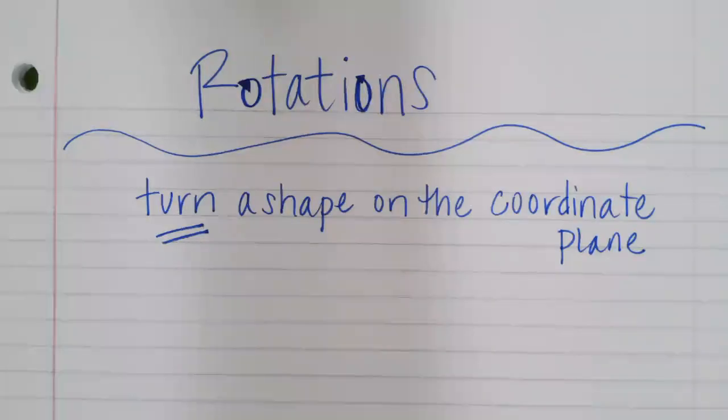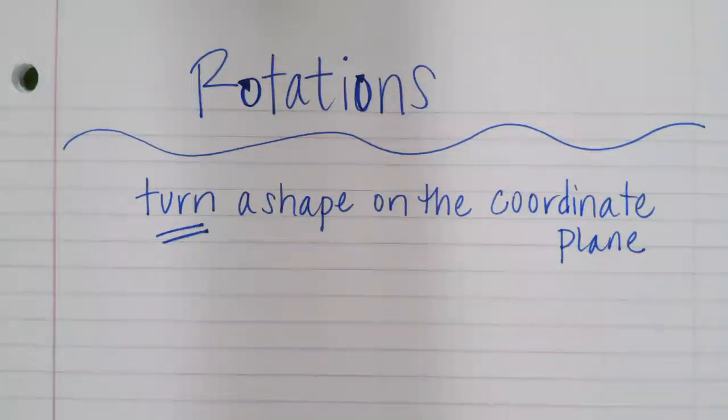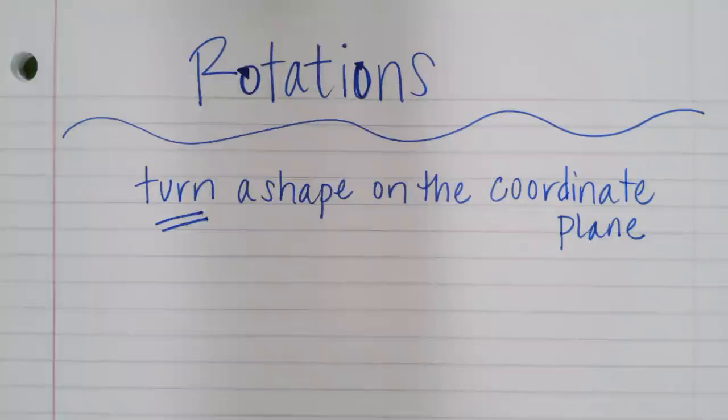All right. So let's just start by talking a little bit about on the coordinate plane, the quadrants and what clockwise and counterclockwise mean. So when we rotate, we're only going to be doing 90-degree rotations, 180-degree rotations, or 270-degree rotations.